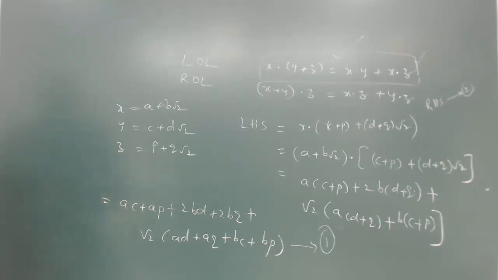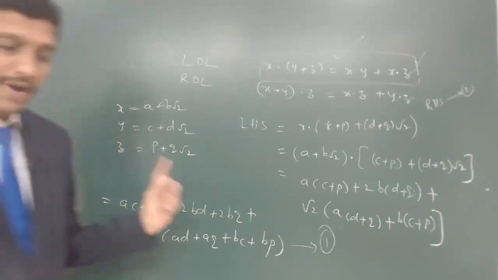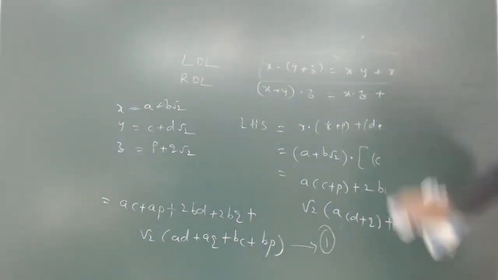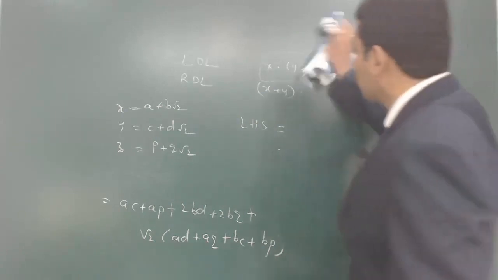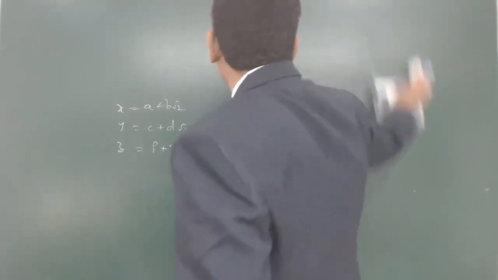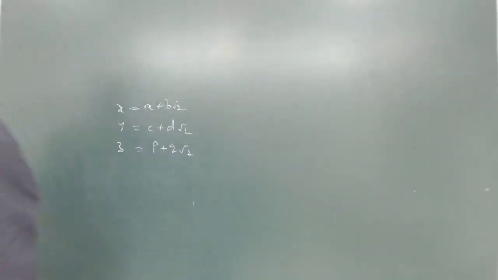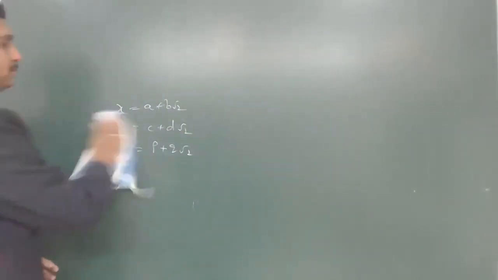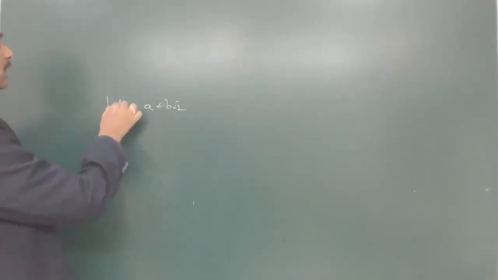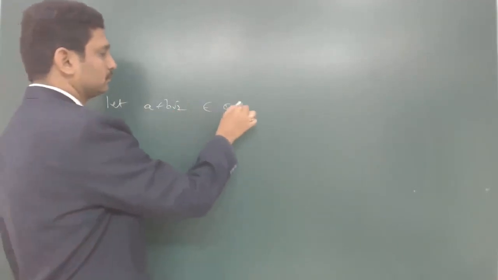Now, one last thing we have to show is that the inverse property holds for every non-zero number in Q of root 2. Now let me say we have taken the value a plus b root 2 in Q of root 2.